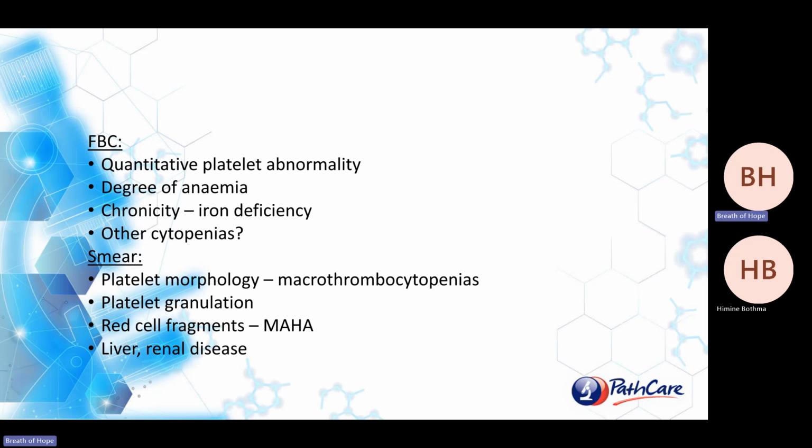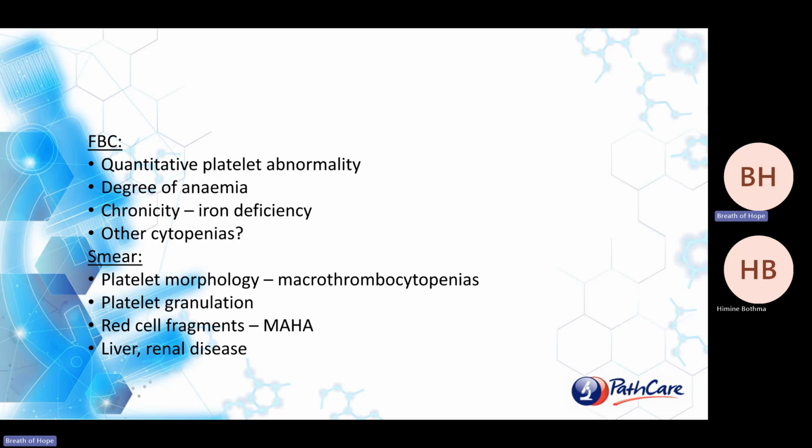What does the smear show you? Again, quite a lot of information here. It will give you an idea of platelet morphology, so the size of the platelets. Some of your inherited bleeding disorders have giant or large platelets. You'll be able to pick that up on the slide. You'll obviously be able to exclude a pseudothrombocytopenia, so platelet clumping, you'll be able to check that on the slide.